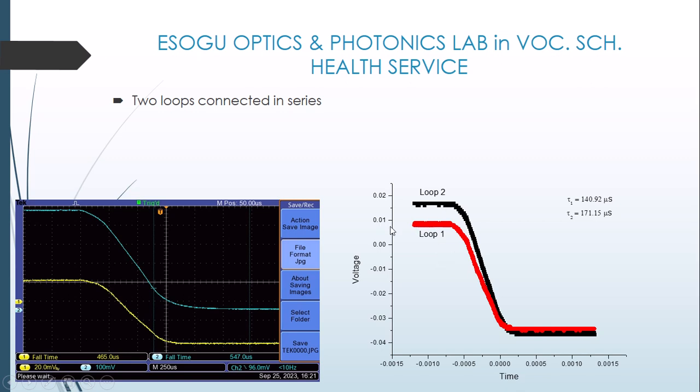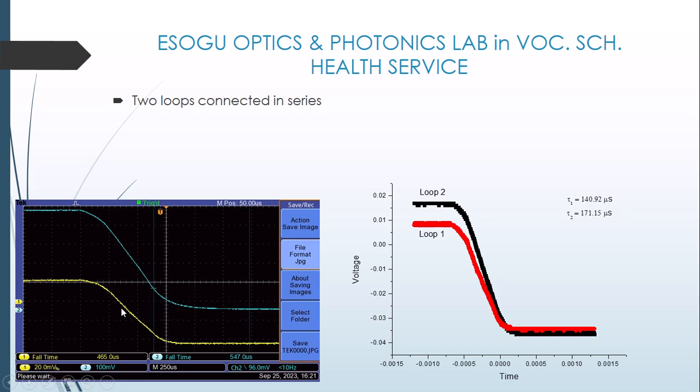For loop 1 and loop 2, when we change strain, pressure, or surrounding media, when we etch the sensor, or change the surrounding media refractive index, we can find the ringdown time of the loop, actually.